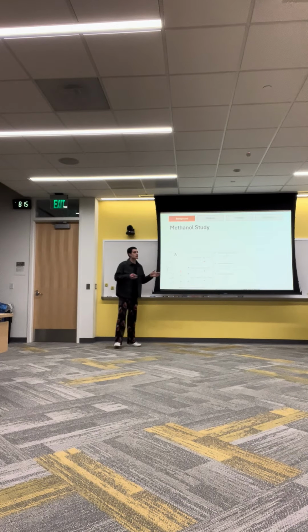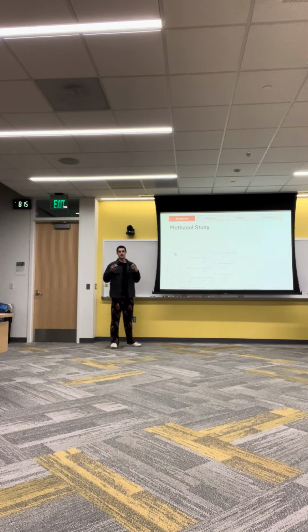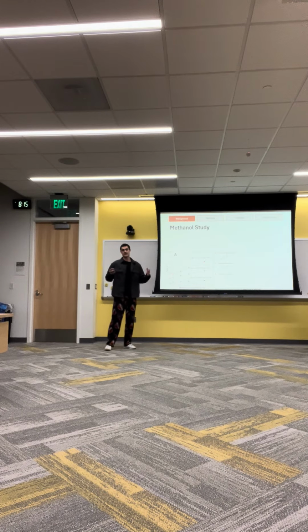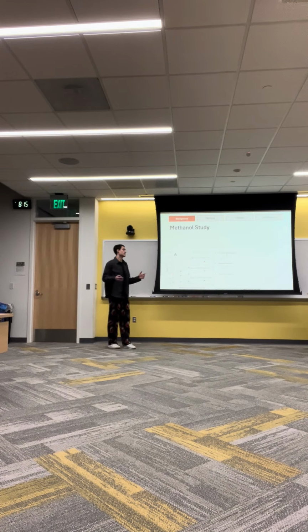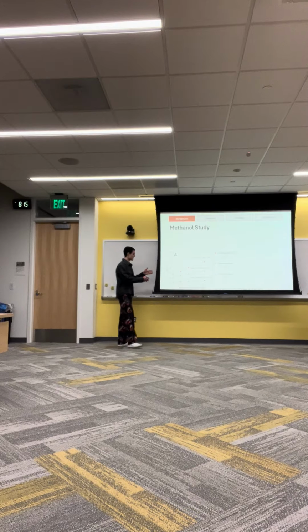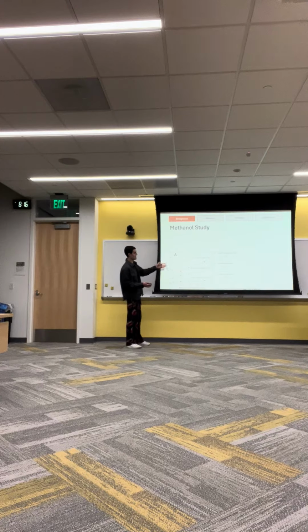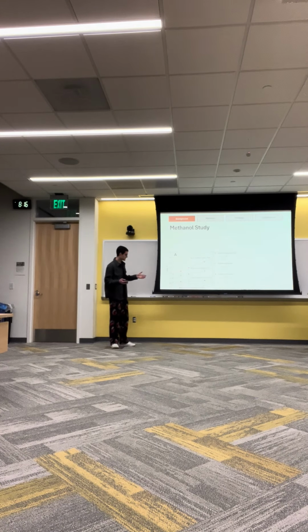I also want to talk about a study that influenced the study I'm talking about today. Previous members of my lab group did a study on how methanol affected chlorination rate of phenolic compounds. On this graph, I have chlorination rate as a function of methanol concentration. As you increase the methanol concentration, the chlorination rate of ethylparaben and ethyl-3-hydroxybenzoate increases.